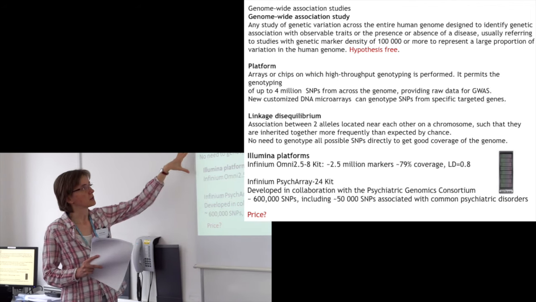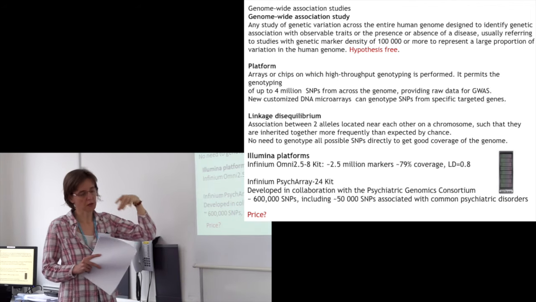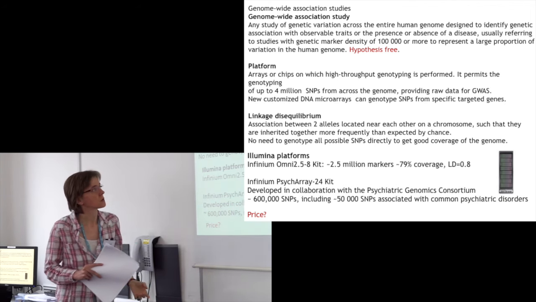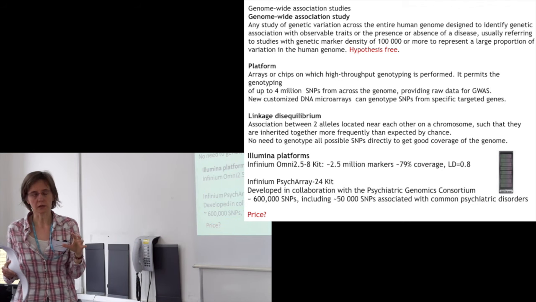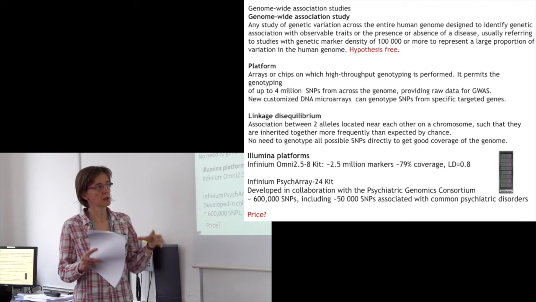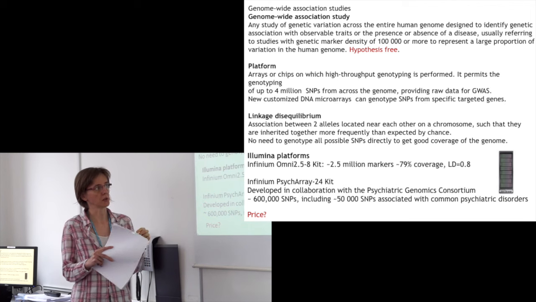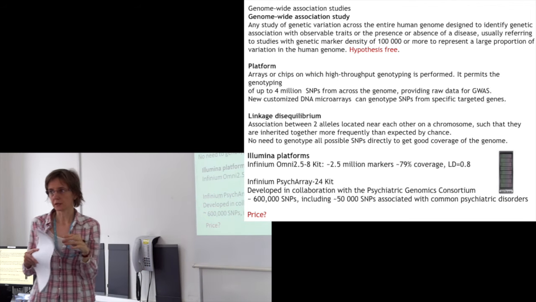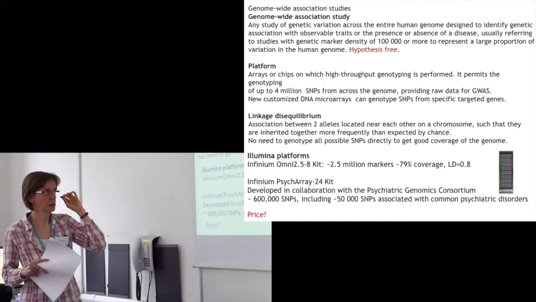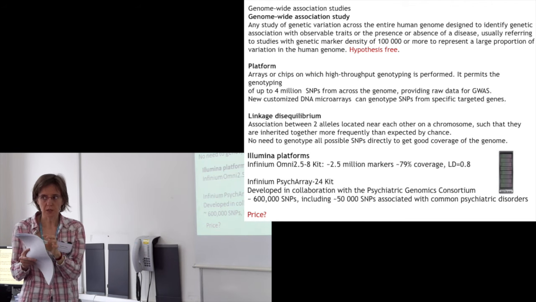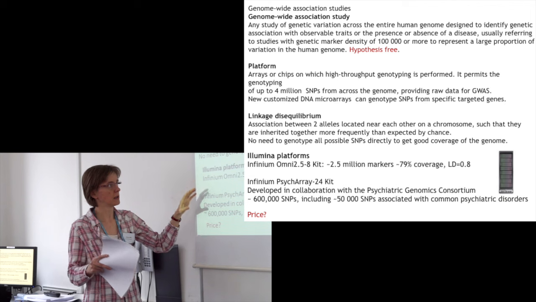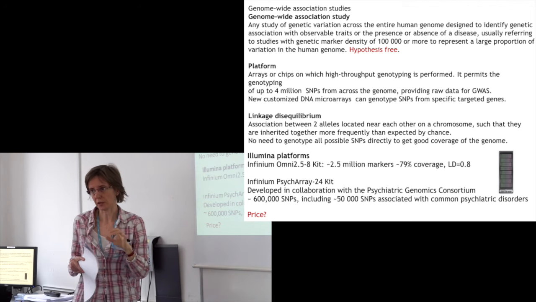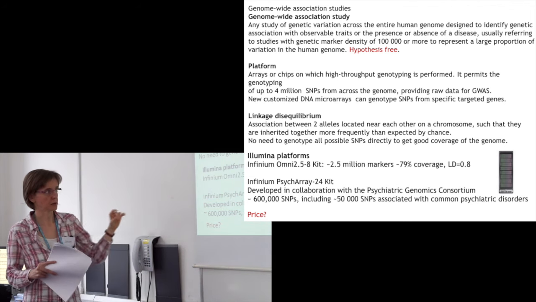The only thing I have to mention here is a new definition, which is linkage disequilibrium. It just shows that these SNPs are quite unevenly distributed in the human genome. Some of them are quite close to each other, to the extent that they tend to be inherited together. Therefore, I only need to choose a few SNPs from that region to be able to infer the rest. Therefore, I don't need to genotype every single SNP to have very good coverage of the genome.